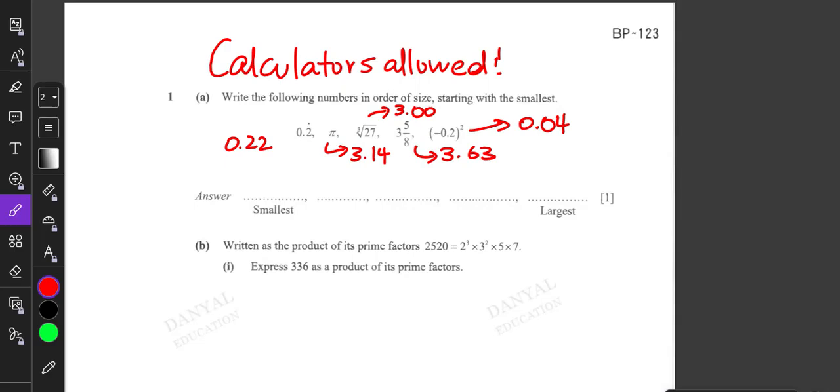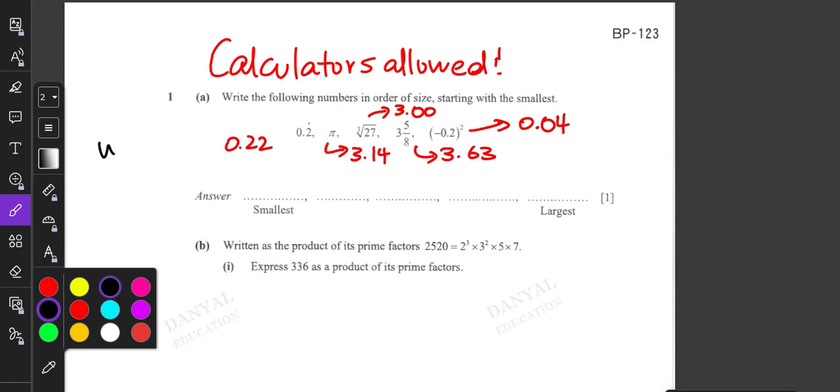So the smallest will be 0.04, but you need to write it in original form. If you do not write original form and just leave your answer as 0.04, 3.14, it will be wrong. So the first one will be minus 0.2 squared.